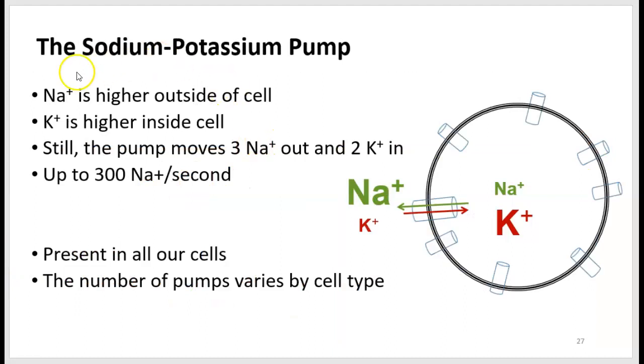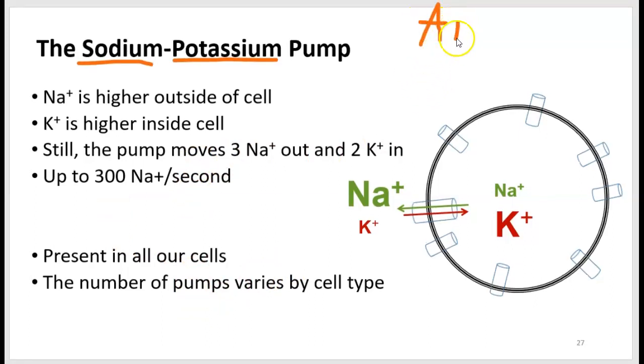All of your cells have a pump called the Sodium-Potassium Pump that uses primary active transport to pump both sodium and potassium simultaneously. And ATP is needed, of course. You have to break down ATP. It's absolutely required.